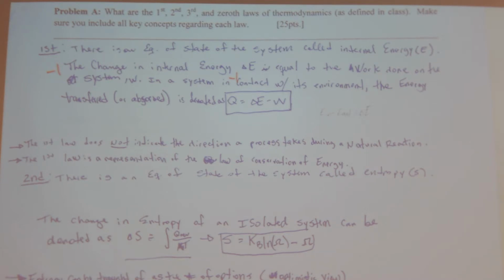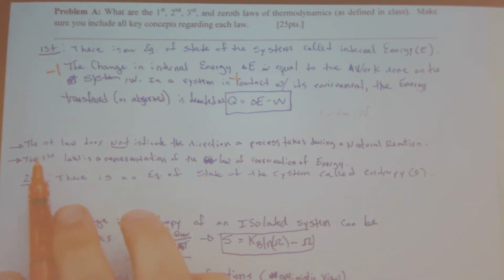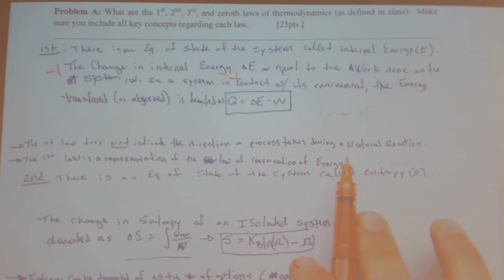It's not very engineering, but I'm not going to mark you off on it. But the first law does not indicate the direction a process takes during a natural reaction. Natural was here, that's fine. First law is a representation of conservation of energy.